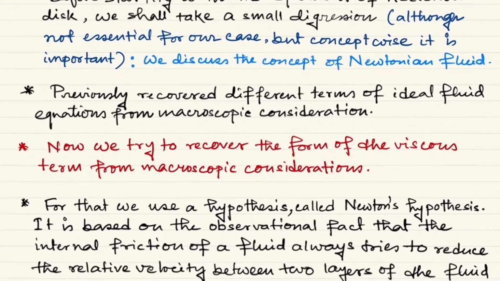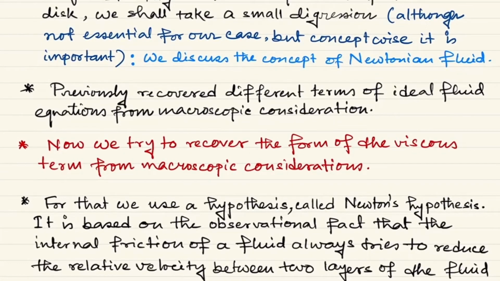Now what we in general call Newton's hypothesis is very intuitive, and it is based on the very basic definition of viscosity. Observationally, it is usually found that the internal friction or the viscous effect of a fluid always tries to reduce the relative velocity between two layers of the fluid.